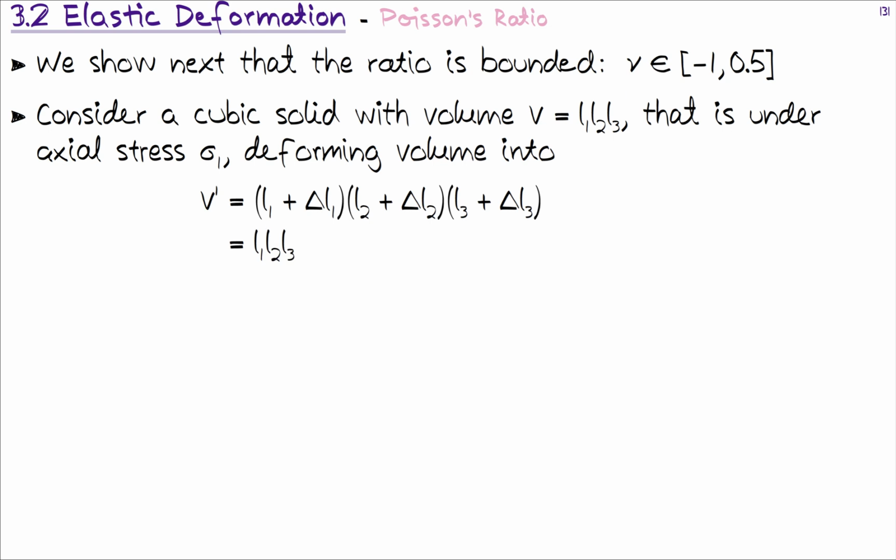So what we have, we can multiply all of these terms together. We just multiply L1 with L2 and L3. We have the first term, and then we have the other terms, like L1 times L2 times delta L3, and then similarly L1 times delta L2 times L3, and then these other terms that we have in there.